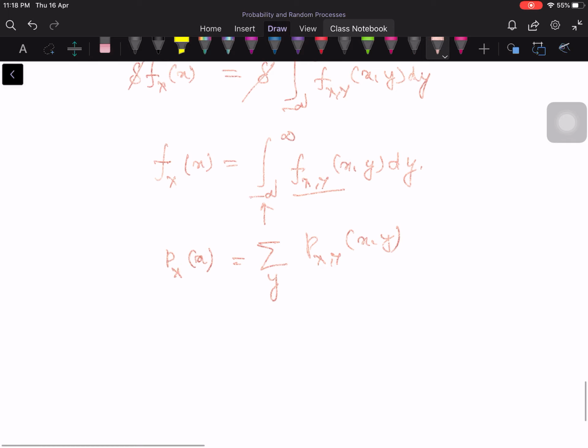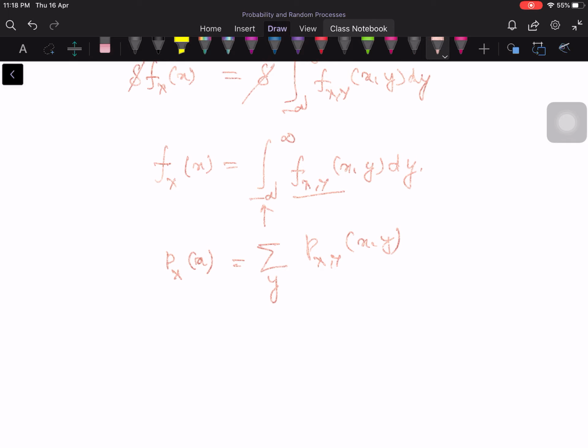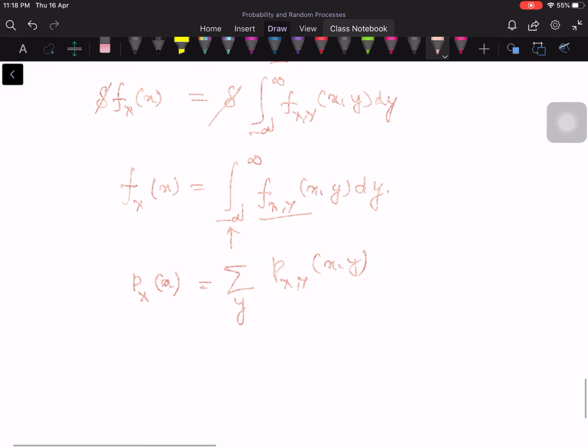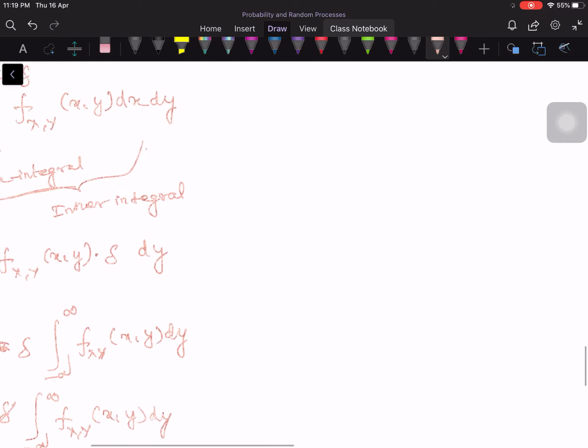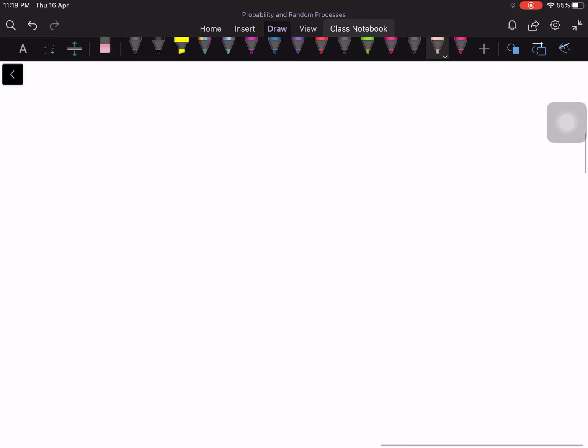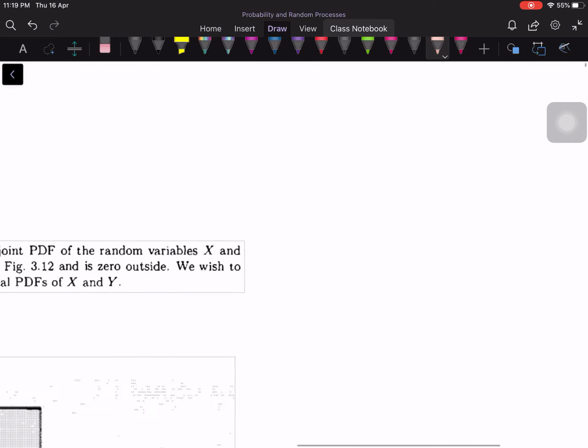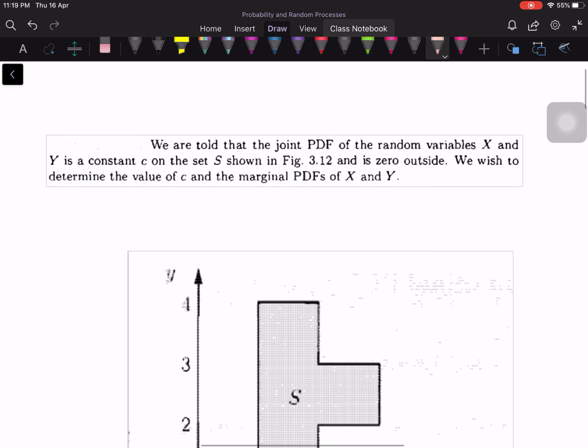At this point let me finish the joint density functions, and now we will do a small example on this. I have taken this problem from a textbook titled Introduction to Probability Theory by John Tsitsiklis.